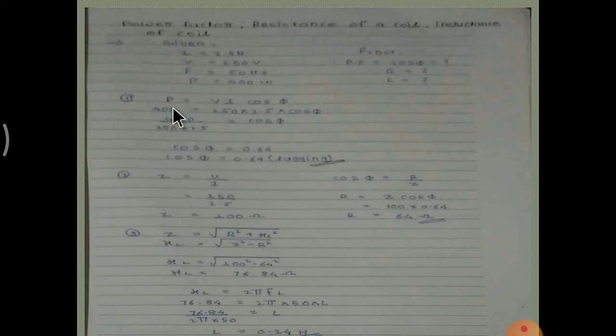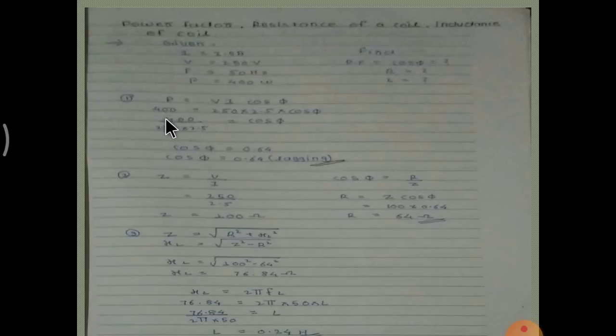First, we have to find the value of cos phi, that is power factor. According to the given values, there is a formula P equal to VI cos phi. We know the value of P, V and I, so we can find cos phi.